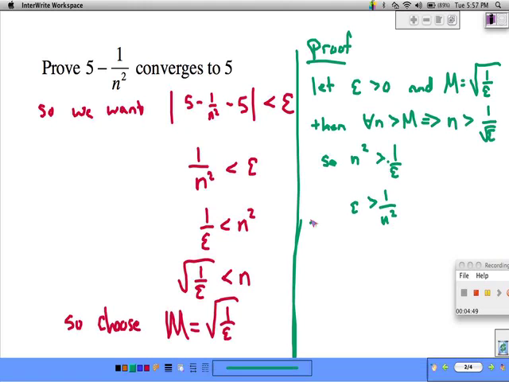And since that's true, then epsilon has to be greater than the absolute value of 1 over n squared. And if that's true, then the absolute value of 5 minus 1 over n squared minus 5 has to be less than epsilon.